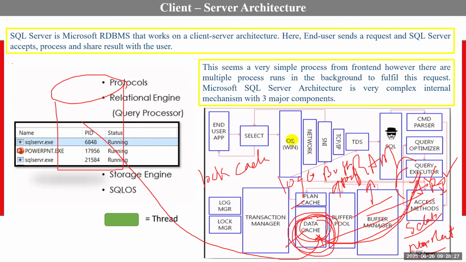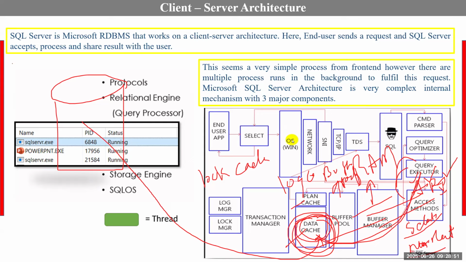The optimizer prepares the execution plan based on selectivity and cost, and goes to the executor using that execution plan. In the relational engine, there is no data. So the relational engine sends a request to the access method via ODBC drivers, and the access method contains APIs to understand what sort of request you are passing, and it goes to the buffer.